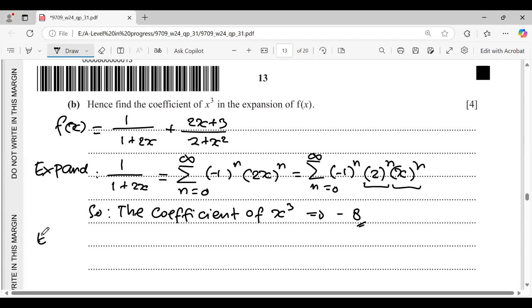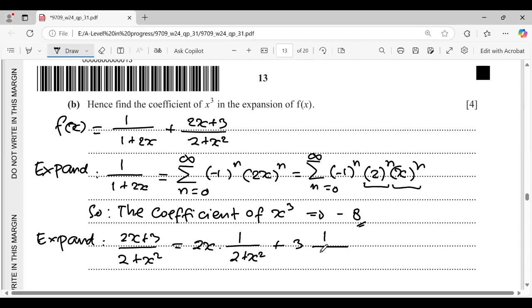And after that, expand this part. 2x plus 3 over 2 plus x squared. I'm going to expand this. I would like to write it as 2x times 1 over 2 plus x squared, plus 3 times 1 over 2 plus x squared.